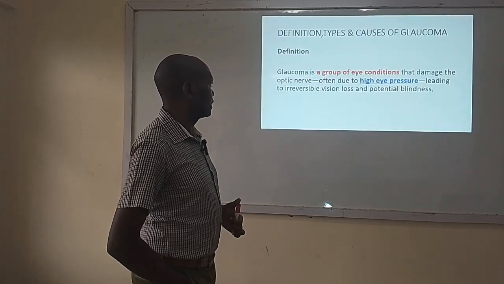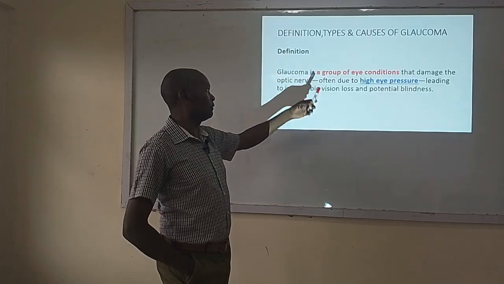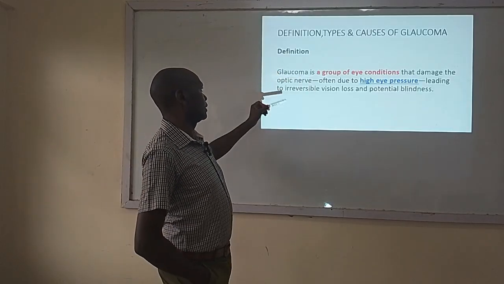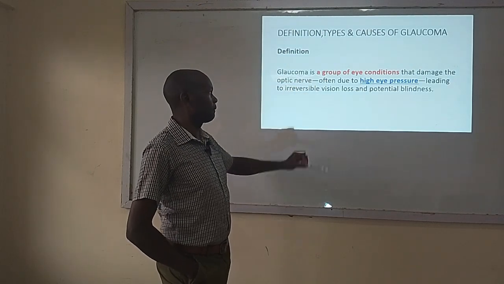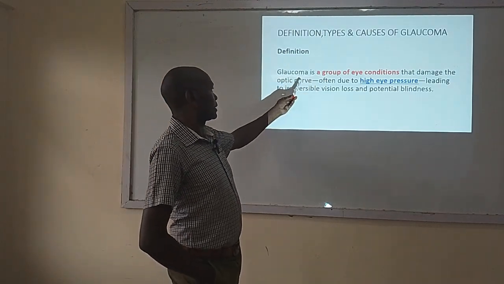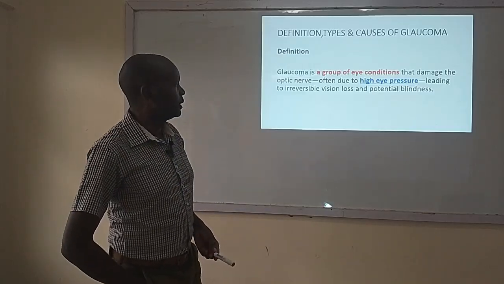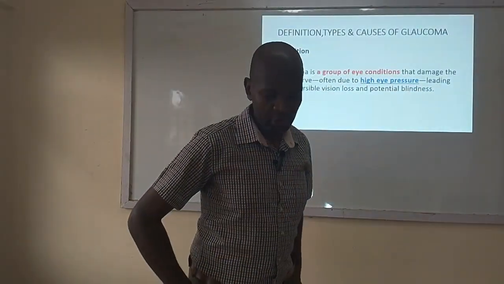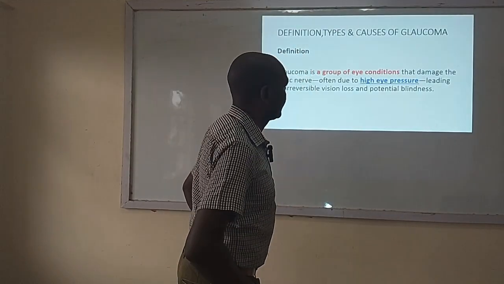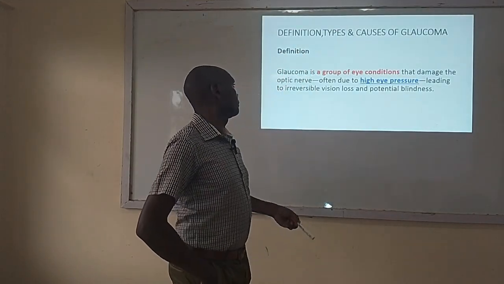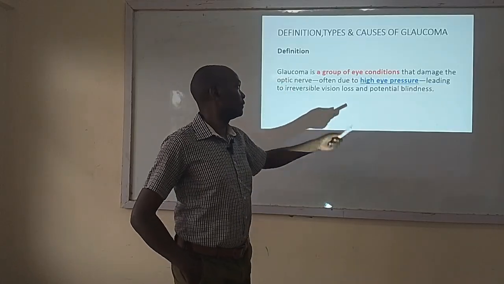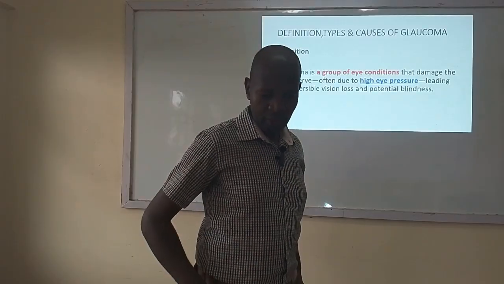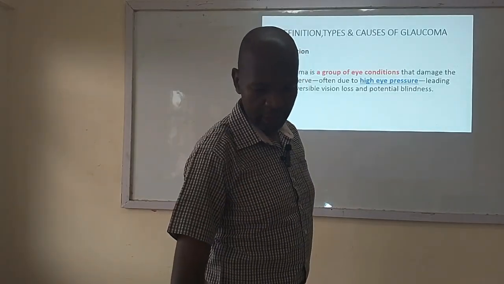The commonest one is related to increased eye pressure, and this increased eye pressure will damage your optic nerve, therefore you'll get glaucoma, and that is irreversible blindness.